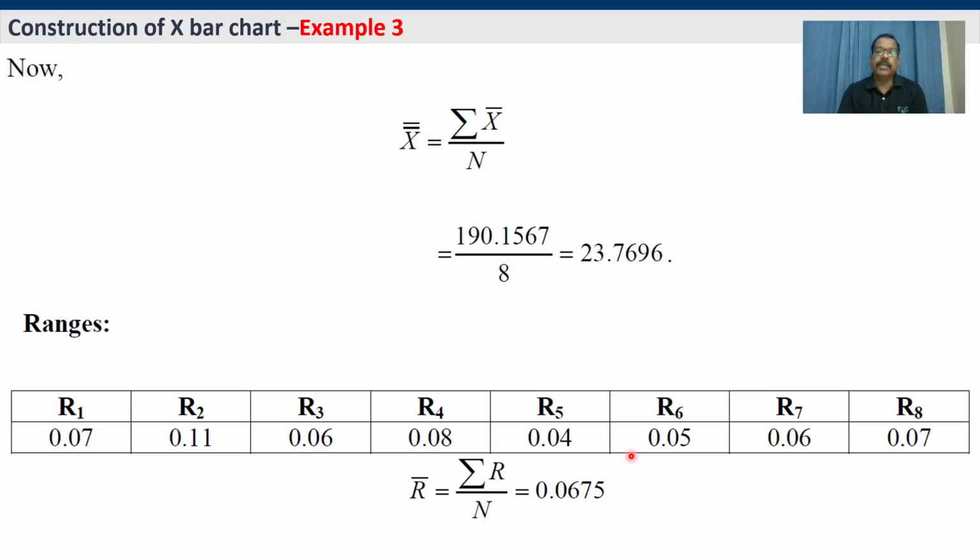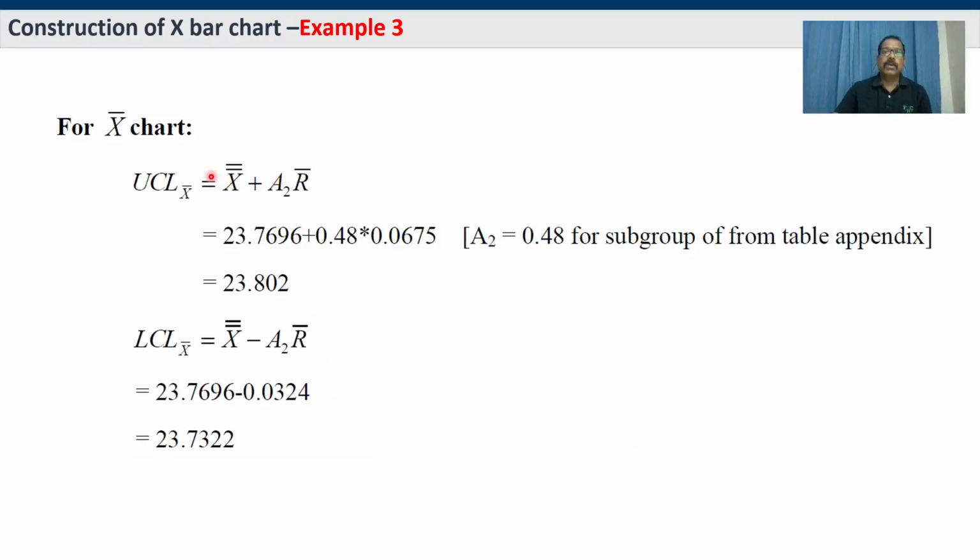What else do you need? You need the upper control limit and lower control limit. You know the equations or formulas. Instead of 3 sigma X bar, now they are using X double bar plus A2 R bar. The A2 value needs to be referred from the table.